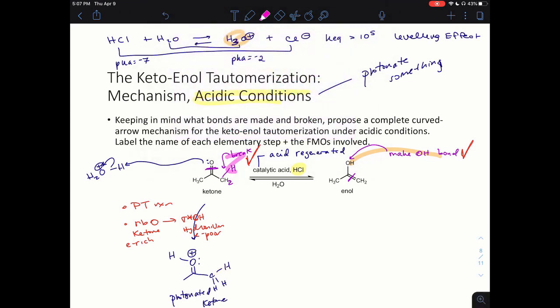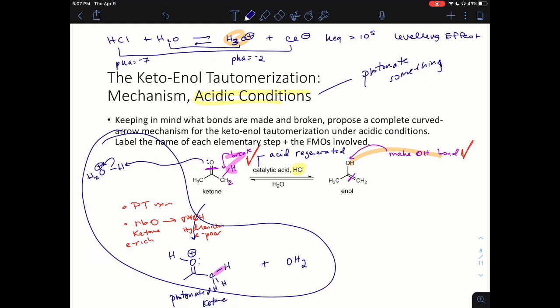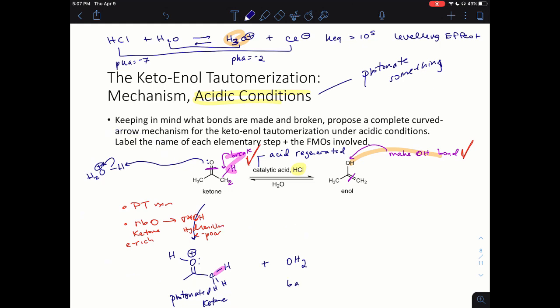Well, if we're going to deprotonate, we need a base. What base do we have? Well, water was formed here, right? When you deprotonated hydronium, you formed water, and water is a base under acidic conditions. Whoa, that's confusing, right? But hydronium is the acid and water is its conjugate base. So water will be a base under acidic conditions.